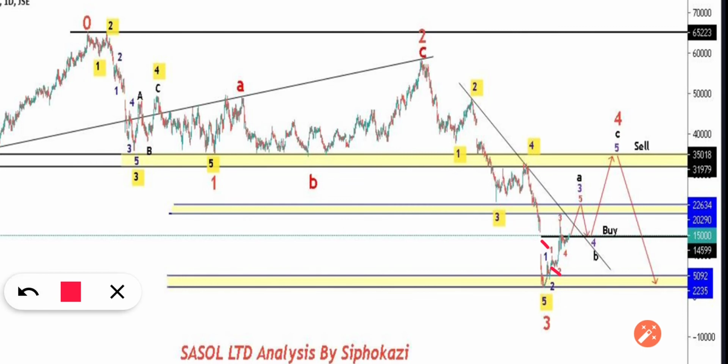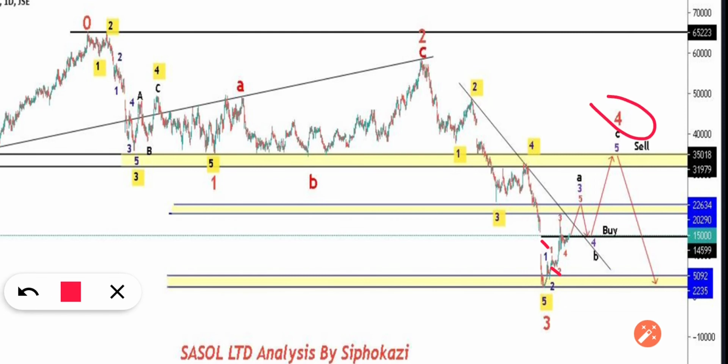Currently, I'm expecting point 5 of the red extension to end at my resistance zone of 226.34 and 202.90. Bearing in mind that after the big red 3, there has to be a big red 4.